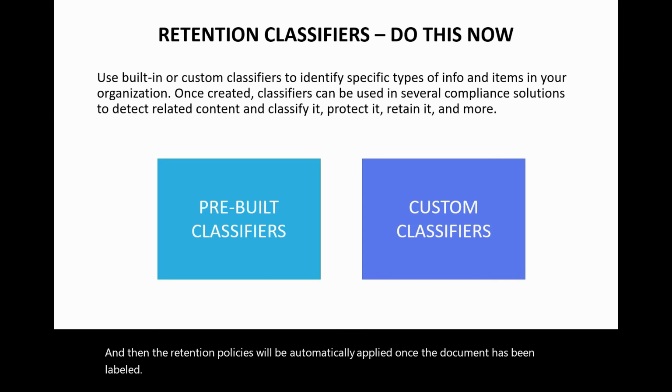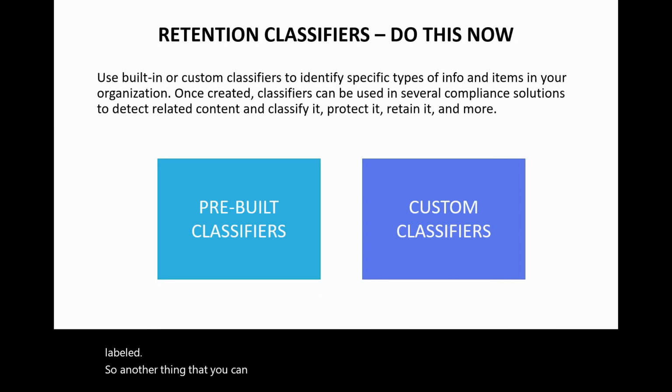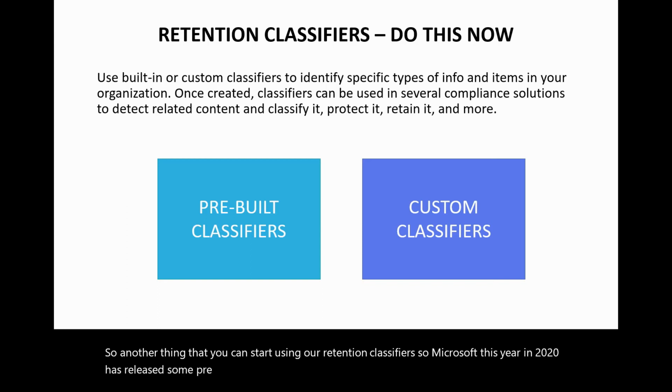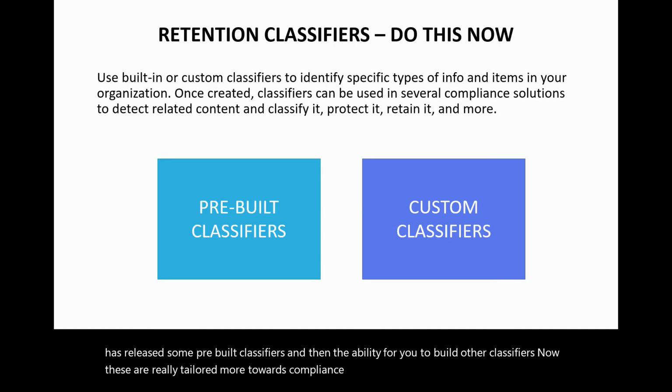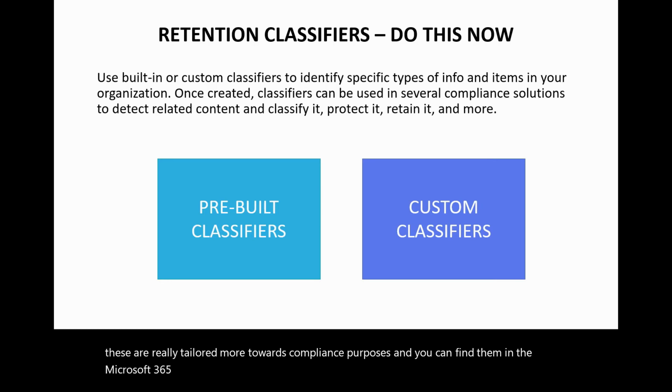So another thing that you can start using are retention classifiers. Microsoft this year in 2020 has released some pre-built classifiers and then the ability for you to build other classifiers. Now these are really tailored more towards compliance purposes, and you can find them in the Microsoft 365 Compliance Center.